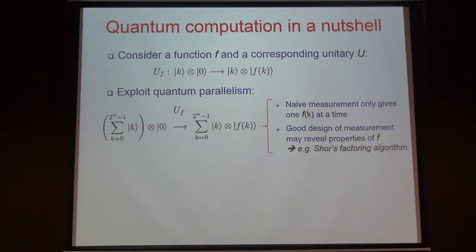Suppose you measure and collapse your wave function, and you get a value, let's say 3. Then the first register will be in a superposition of those states that, when evaluated, give 3. So that gives you more feature or more information about the function rather than the exact number itself.